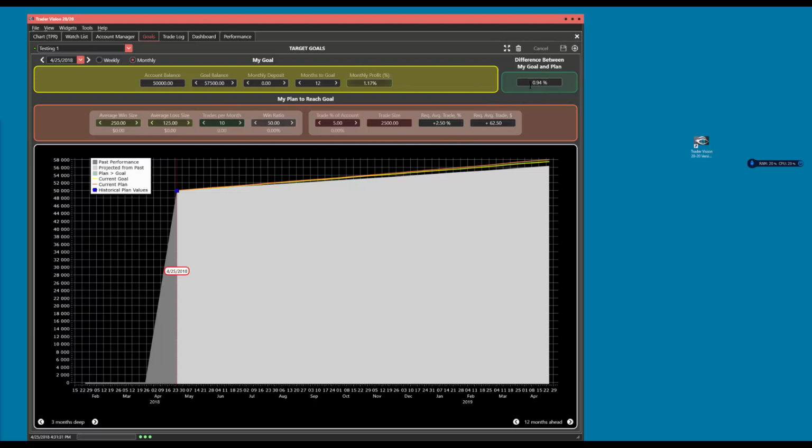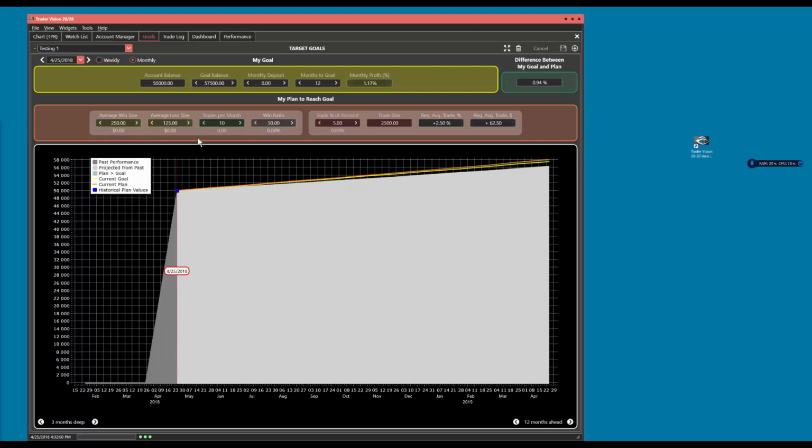You don't want to beat your goal by 10%, because that means you probably have either a very low goal or an unrealistic plan, and you don't want to not meet your goal, because otherwise what's the point? So you may have to reduce your goal, you may have to increase your plan, but you'll definitely have to come to an understanding of what's realistic, what you can achieve.